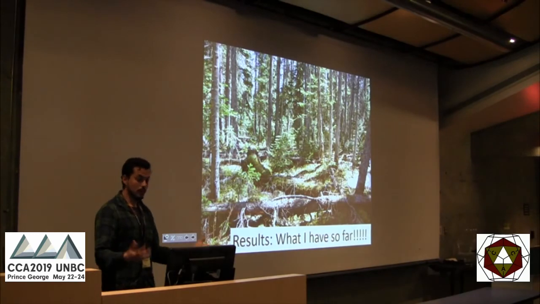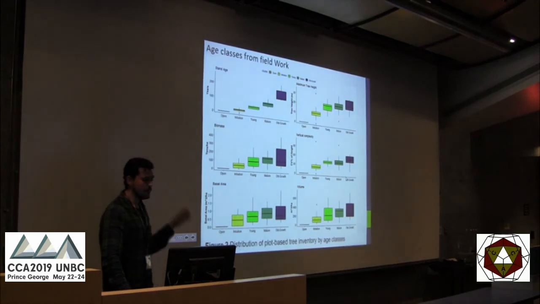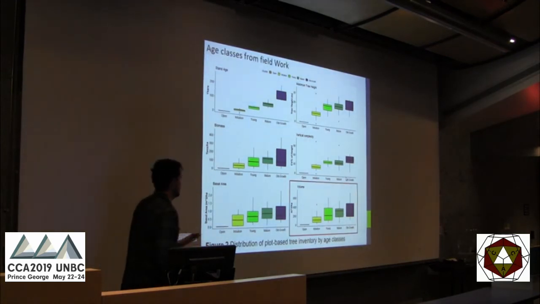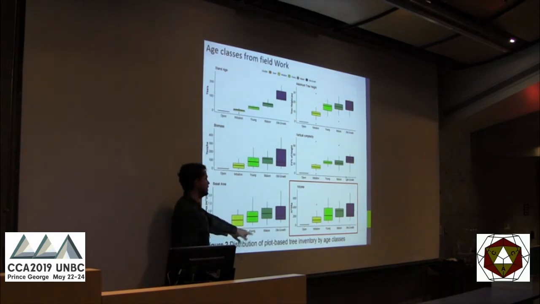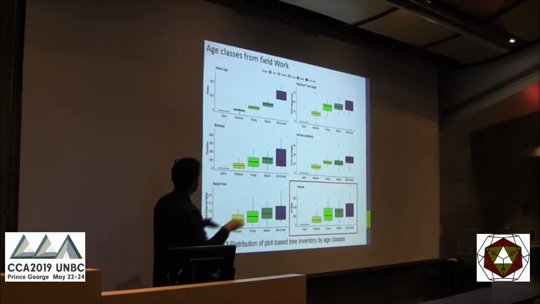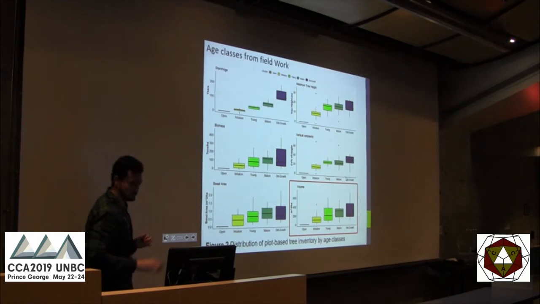Okay, so what do I have so far for this? This plot here, I only want you to notice that this is the age classification. As you can see, it doesn't really tease apart old growth forests from the other forest successions. They're really merging all together around similar means. It's not very different.